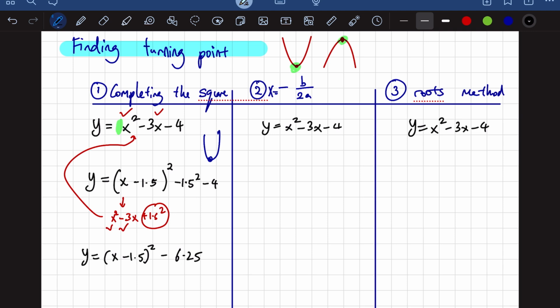And here we can identify our turning point by first using the x value that makes the bracket x minus 1.5 squared 0. So what x value makes that 0? In this case, we're going to choose 1.5. Whatever is the y vertex will be whatever's at the back of the equation, in this case, negative 6.25.